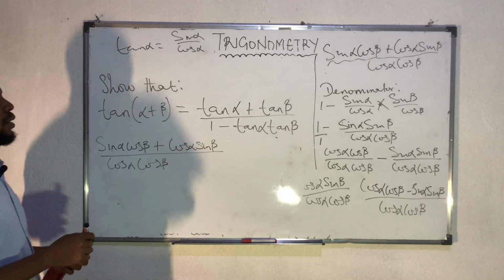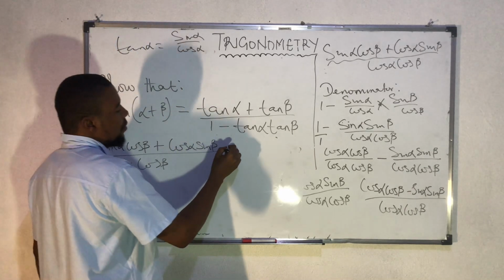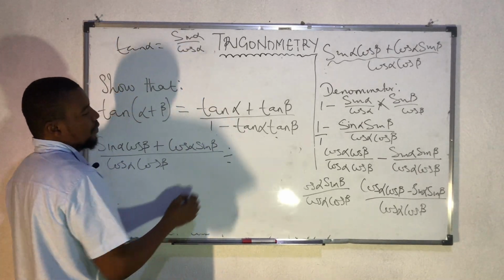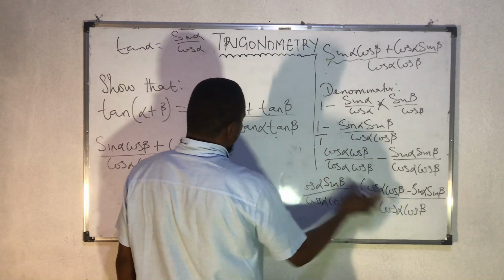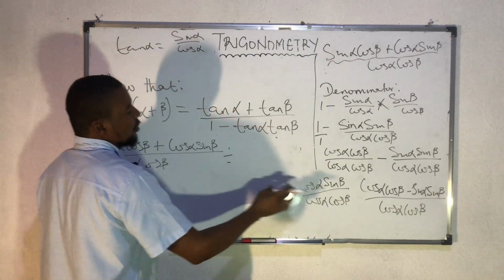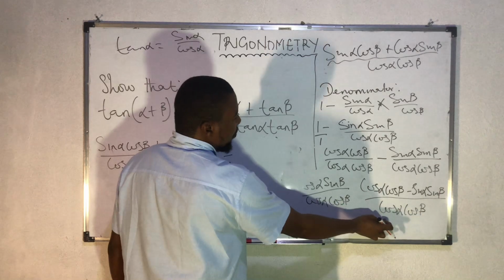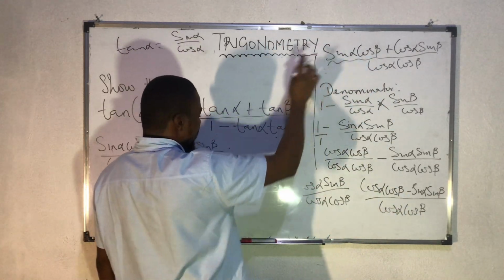Remember that they are dividing themselves. Therefore, I'm going to put a division sign here and now copy this one and bring it here. Because this one divides, this is the denominator, and it's dividing the numerator.